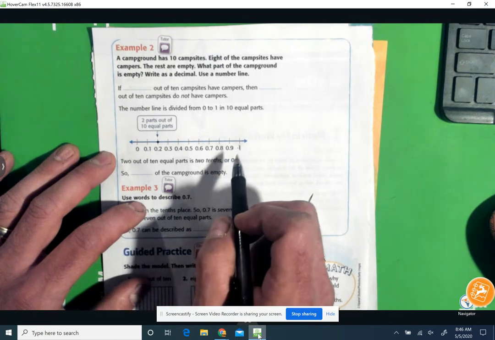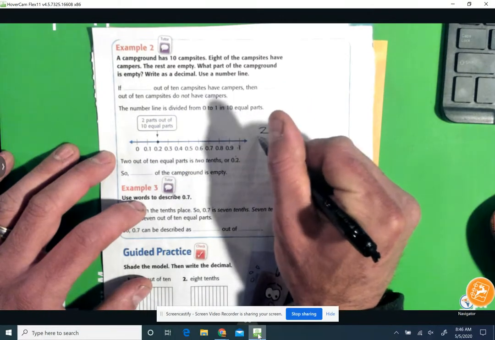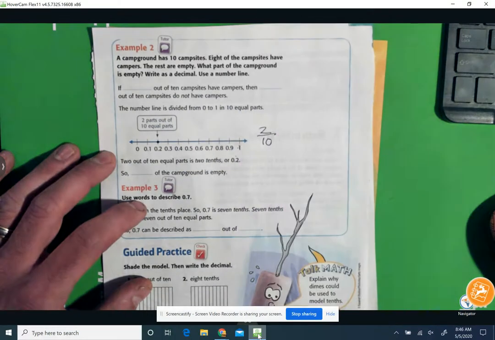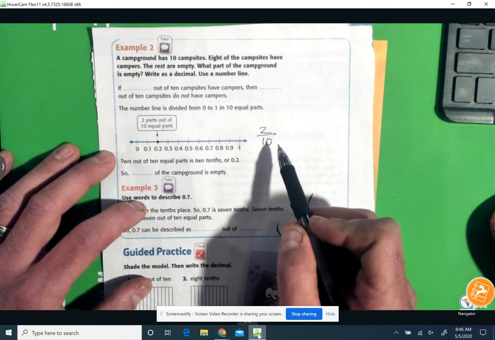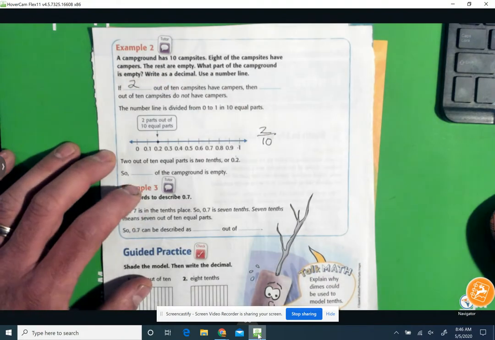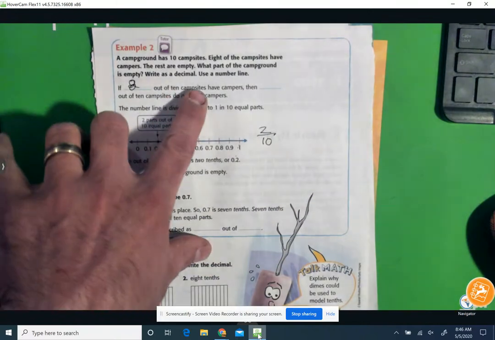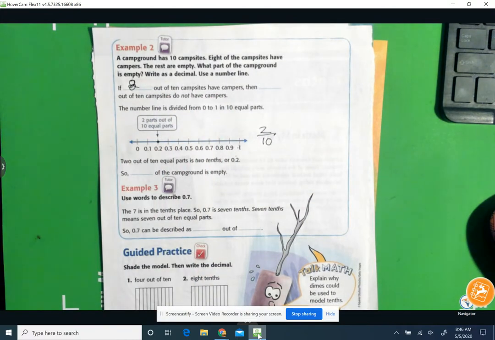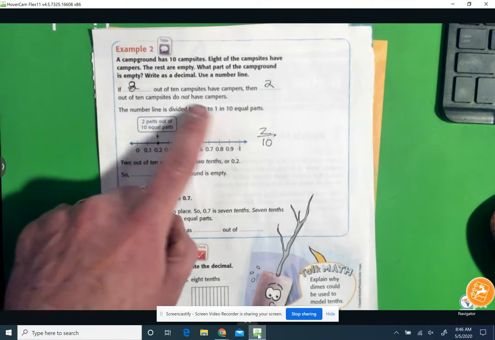So that means, well, out of 10 campsites, 2/10 of those campsites are empty. Or if 8 out of 10 campsites have campers, then 2 out of 10 campsites do not.